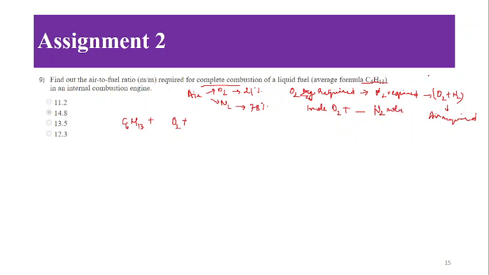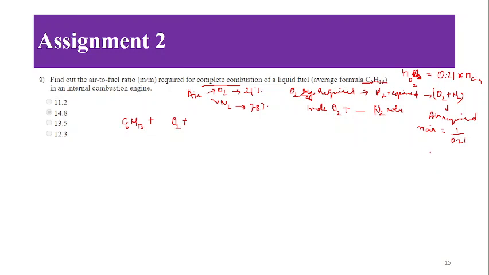If we say that O2 is equal to 0.21 of air, we can get N of air, which is 1 by 0.21.